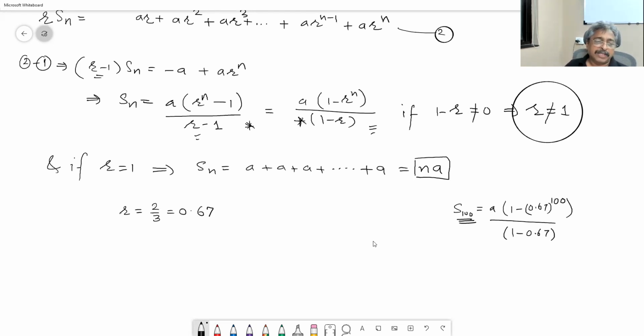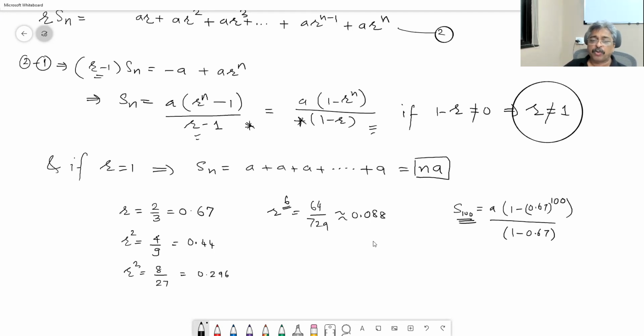Now, if this is 2 by 3, what will be R square? 4 by 9. And 4 by 9 is approximately equal to 0.44. R cube equal to 8 by 27, which is approximately 0.296. And if you write R raised to 6, which you can also check, it is 64 upon 729, which is approximately equal to 0.088.